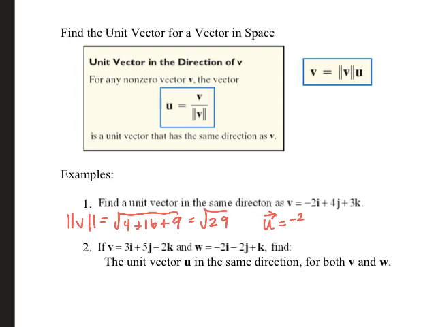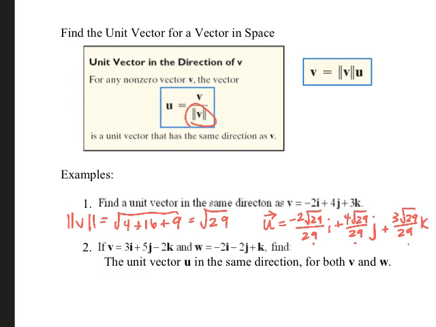And when we simplify that radical, you end up with -2 root 29 over 29 i plus 4 root 29 over 29 j plus 3 root 29 over 29 k. So you want to do the division by that magnitude on each of the components.